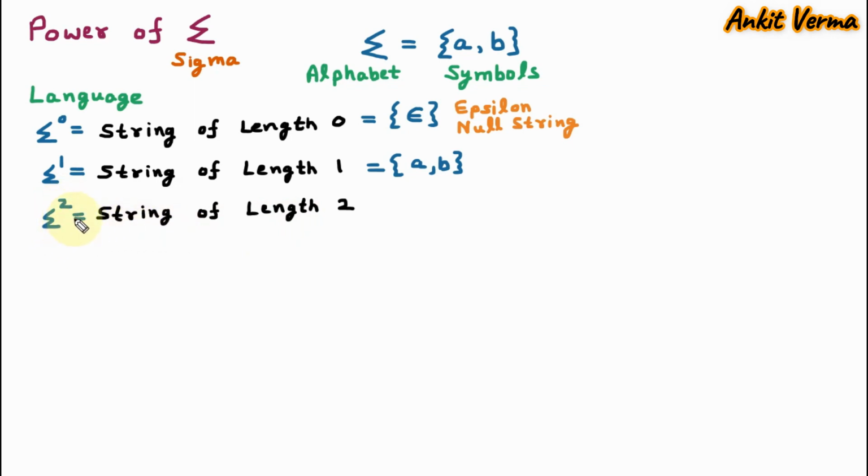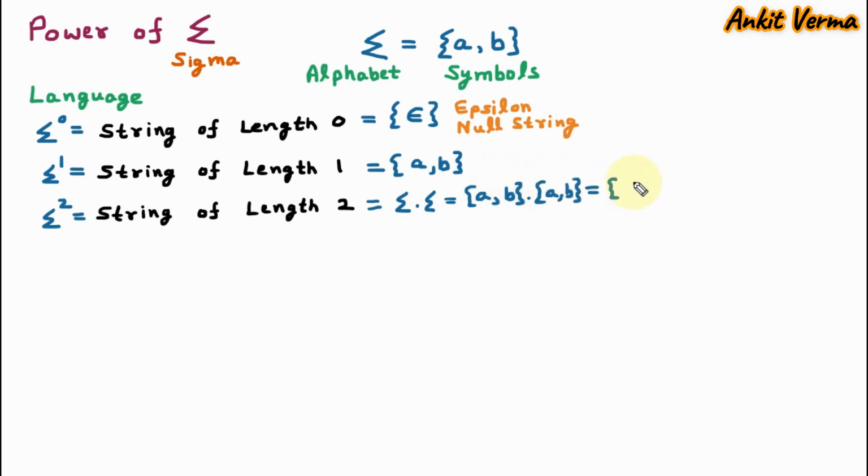This sigma raised to the power 2 means we have 2 times sigma, so that is sigma into sigma. And single sigma is {a, b}. So here we have the set {a, b} into the set {a, b}, and that will be equal to the set, now we are multiplying them.